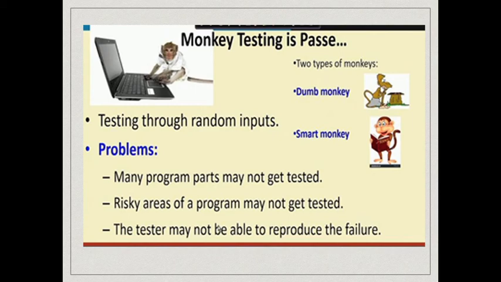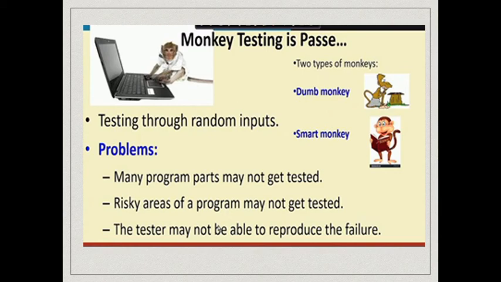So the dumb monkeys could only crash the system. That is the only thing that they can notice. Whereas the smart monkeys know what data is expected and so on. Therefore, they are a much more effective tester. But both the monkeys give random inputs. The problem with monkey testing is that if random data is given, many parts of the program do not get tested.